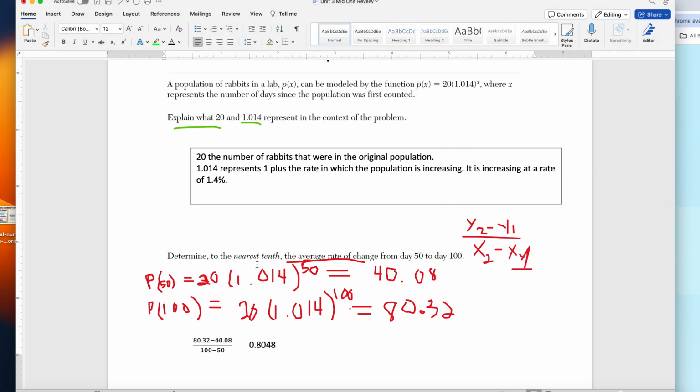And it wants me to round to the nearest tenth, so it's going to go to 0.8.